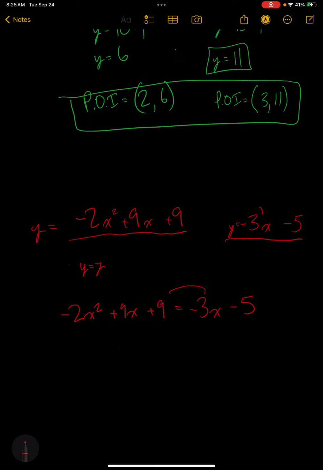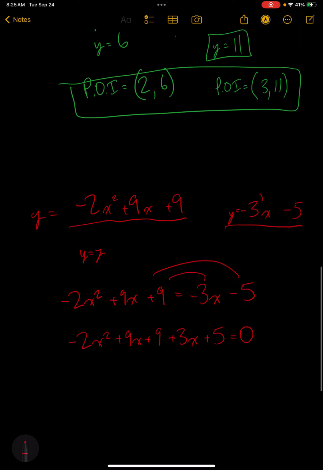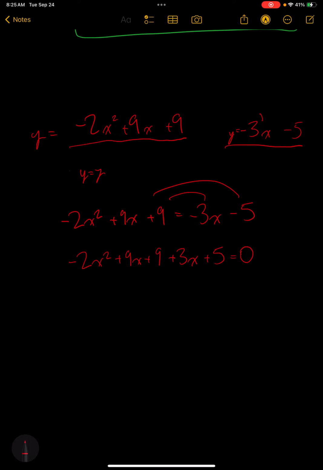The next step is to bring everything over to one side: minus 2x squared plus 9x plus 9 plus 3x plus 5 equals 0. So what's the next thing we do? Well, we collect like terms: minus 2x squared plus 12x plus 14 equals 0.